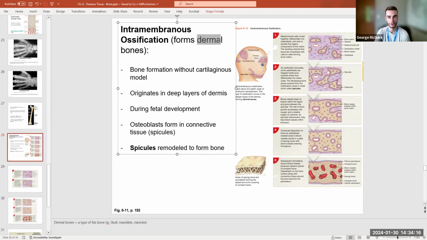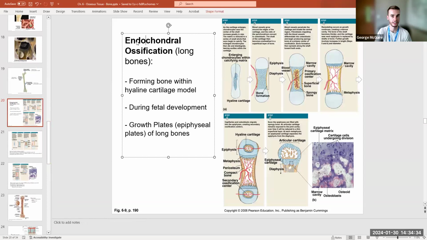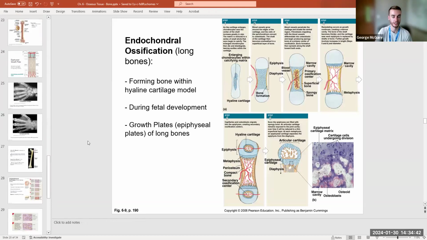And dermal bone, that name is referring to the fact that the growth or the beginning of this bone is actually happening in the deeper dermis, so from our skin. That's the dermal bones.